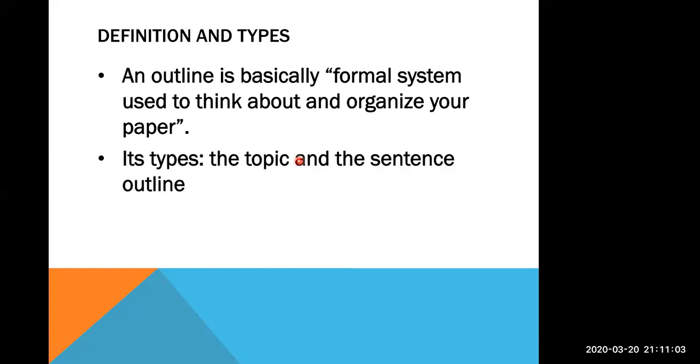There are two types of outlines, topic outline and the sentence outline. What's more significant about outlines is that outlines help you to make sure you cover the key points and guide your research. And the topic outline, on the one hand, is the one that is particularly useful when you are dealing with a number of different issues that could be arranged in a variety of ways in your paper. On the other hand, the sentence outline is done in full sentences.